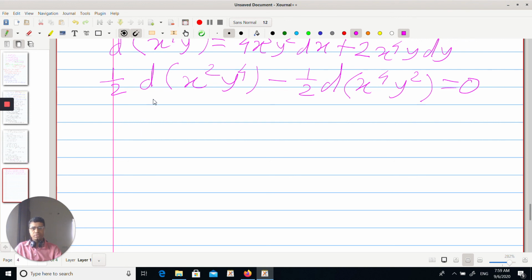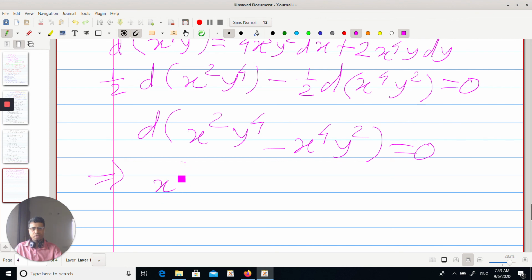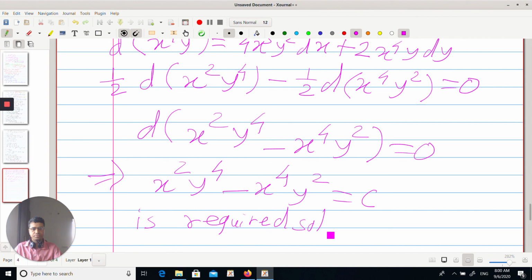So it is d of x square y raised to 4 minus x raised to 4 y square equal to 0, and so we have x square y raised to 4 minus x raised to 4 y square equal to constant. This is the required solution of the given differential equation. Thank you.